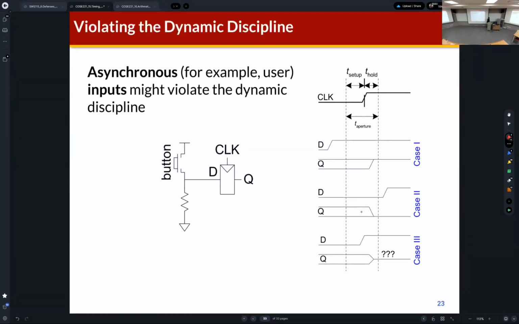Okay, let's think about this system. What can you see? This is the button that you switch, and the output of this button is connected to the input of the flip-flop. This is the outer interface.